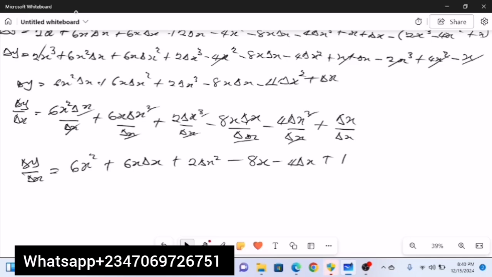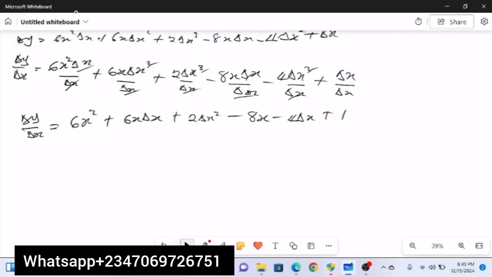Now at this point, the limit at which change in x approaches 0, the concept change in y all over change in x automatically becomes dy all over dx.